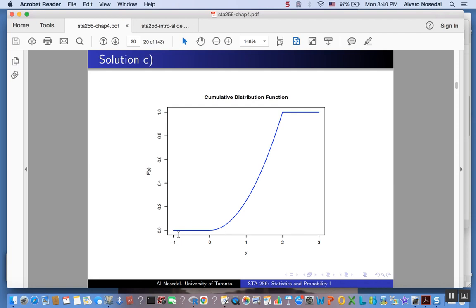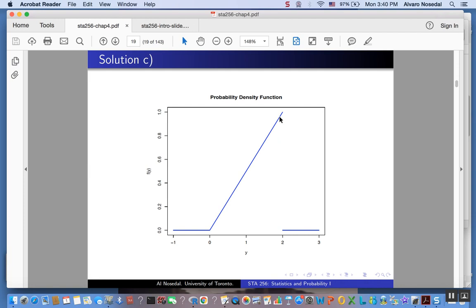The other definition that we talked about is one that establishes a relationship between the CDF, the cumulative distribution function, and the PDF. So if you take the derivative of the CDF, you will get the PDF. And finally, we talked about a theorem that gives you the characteristics that a probability density function must satisfy in order to be a legit PDF.